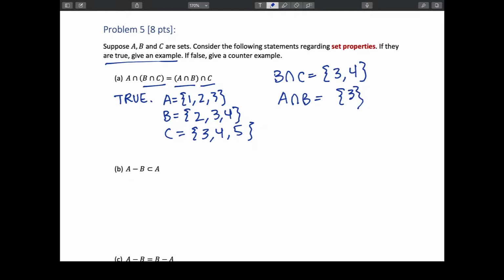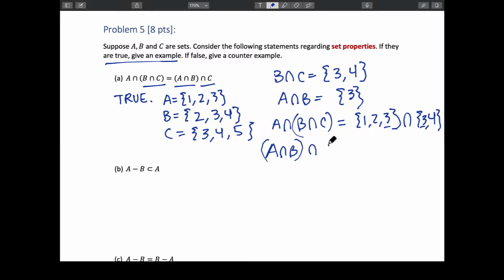So if I look at the left-hand side of that equation, I have A intersect B intersects C, which is the same as 1, 2, 3, intersect 3, 4. And we see they only intersect at 3. And if we check A intersect B intersect C, that's the same as A intersect B, which is just the 3, intersect C, which is that 3, 4, 5.